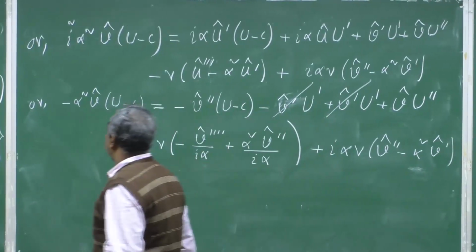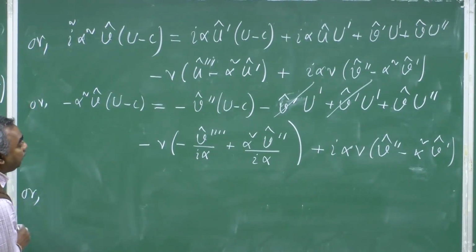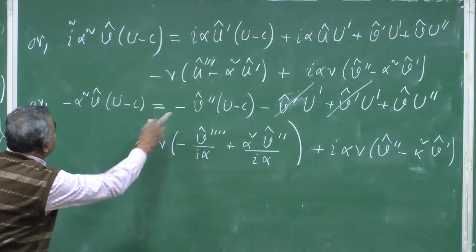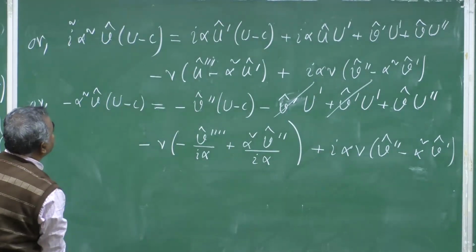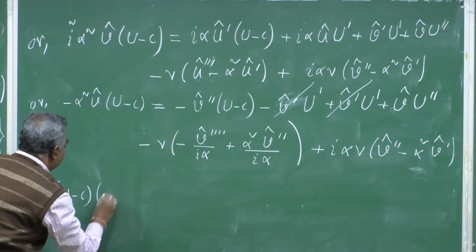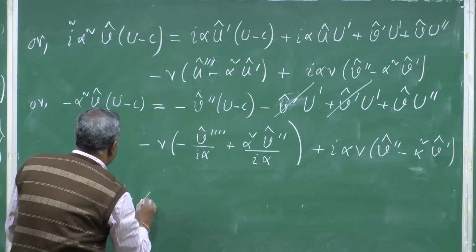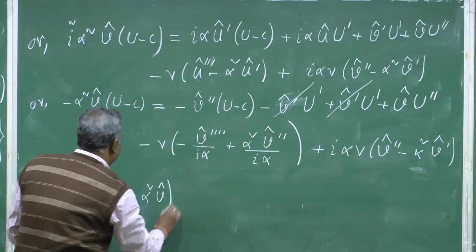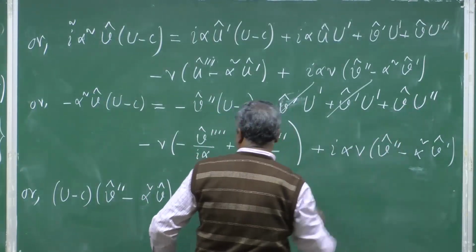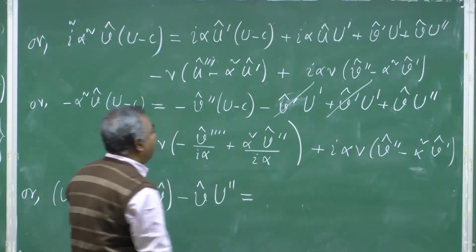It is a bit involved, but it is doable. If we take this term in this side, then we can write (u minus c) v hat double prime minus α squared v hat, minus this term v hat u double prime. We are done with the left hand side.